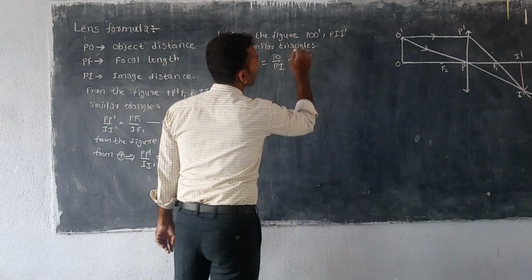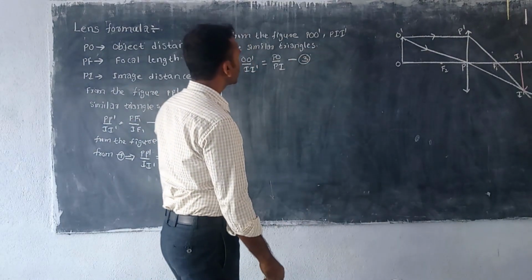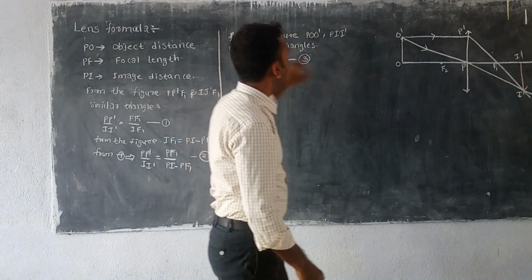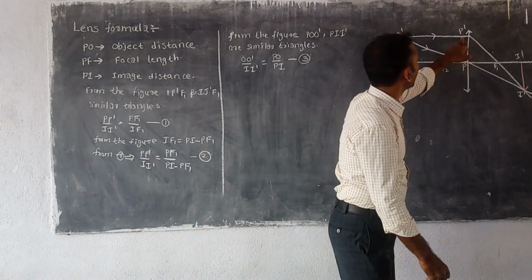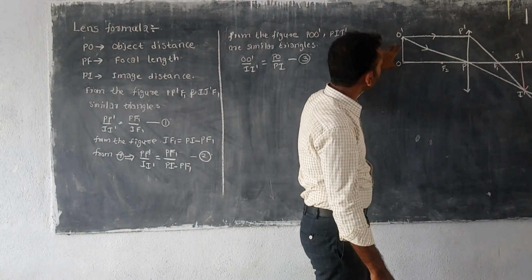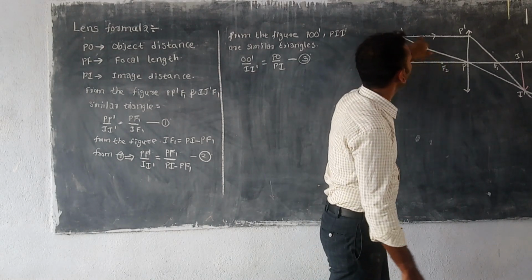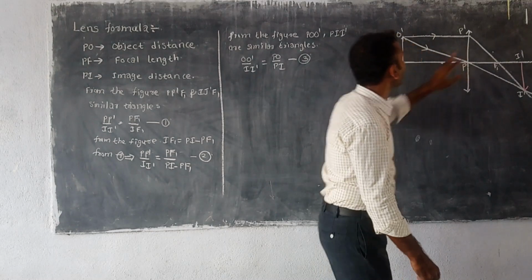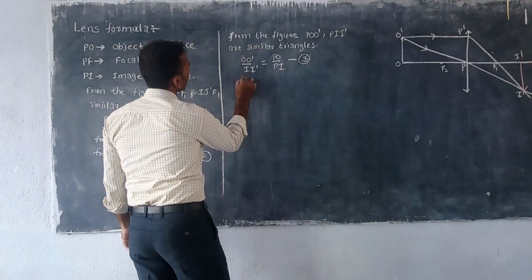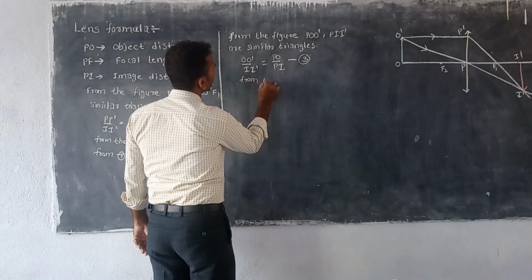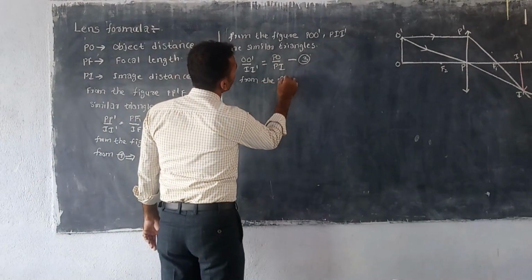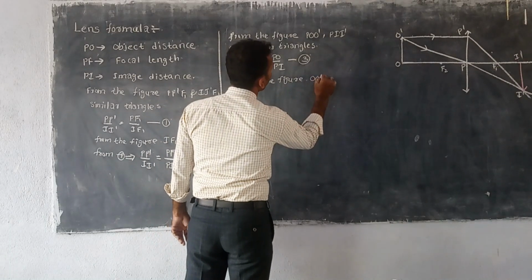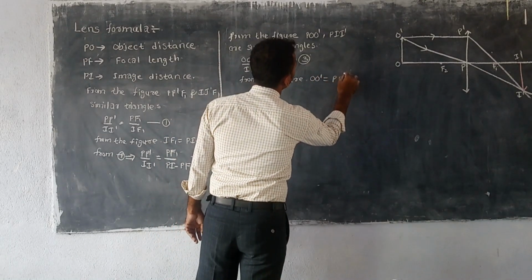So here we can write one thing: O dash and P dash. This is the object size, and these two are the parallel rays. So we can say O dash equals P dash. From the figure, O dash equals P dash.